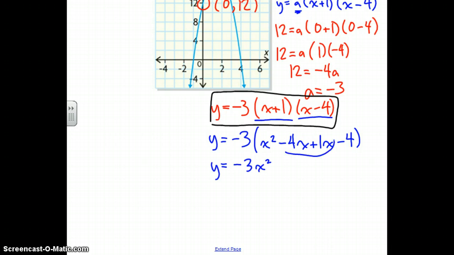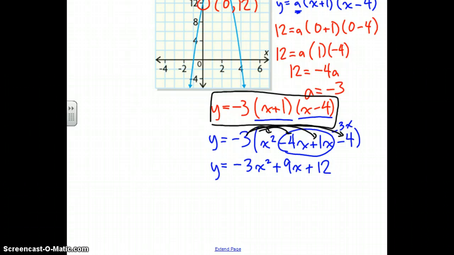These two from the step before could go together to be -3x. So now when we distribute the -3 in, it becomes plus 9x, and then the -3 times the -4 becomes plus 12. Again, what I did there was distribute that -3 into those brackets.